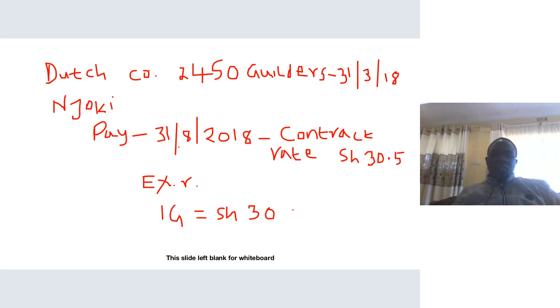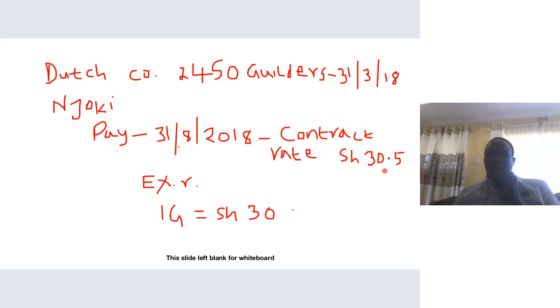Now for this case, you will find that the plant and machinery are going to be recorded at their historical cost. Now this cost can be determined by reference to the effective selling price.